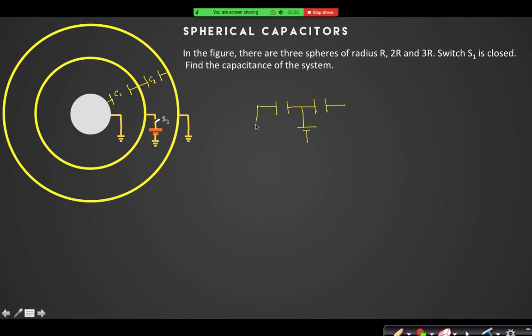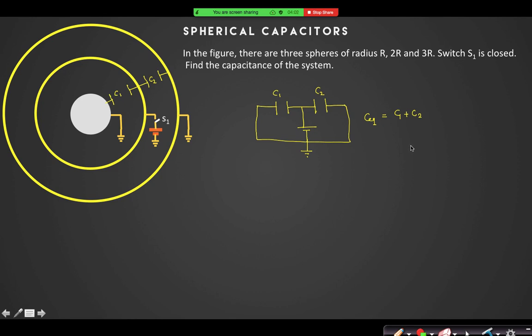And the rest of the two parts are joined with the battery by earthing, right? So can you see that these two capacitors are in parallel? Yes or no? These two capacitors are in parallel. So I can directly write that the equivalent capacitance of that system is nothing but C1 plus C2.